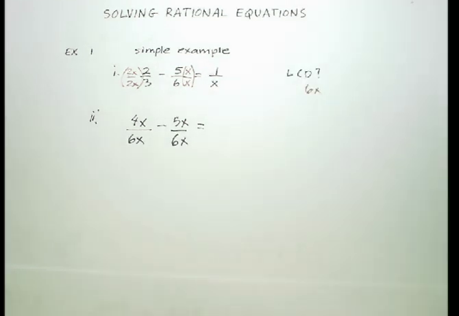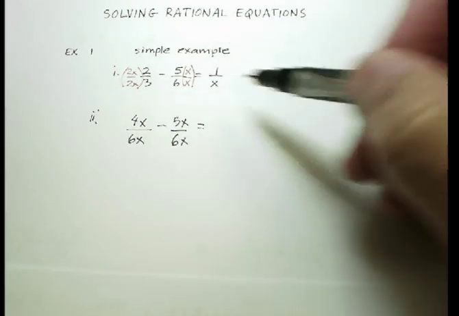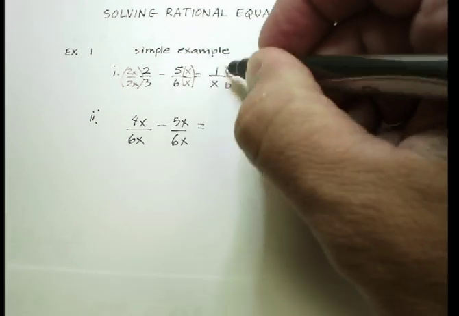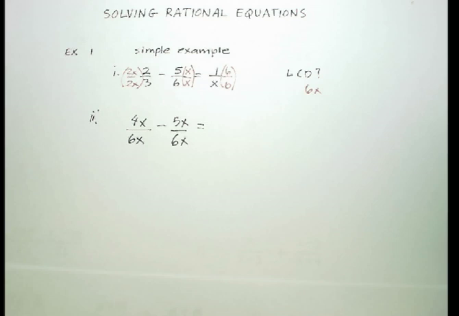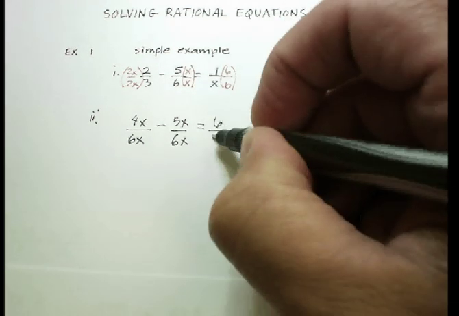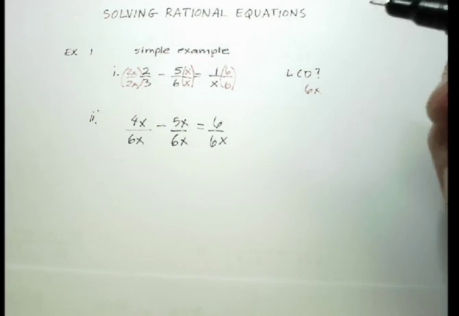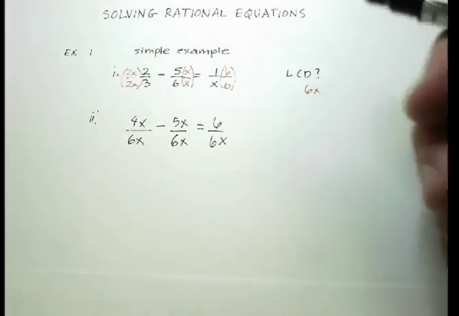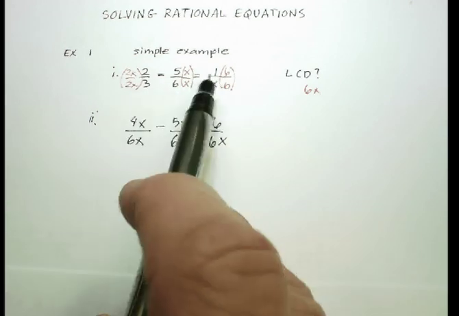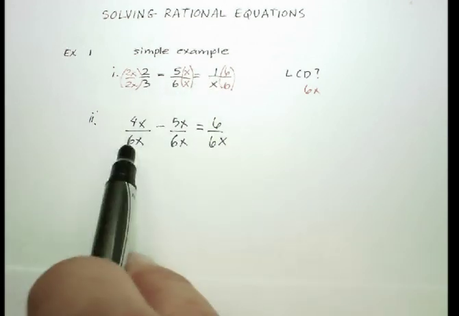What do I need to multiply this one by in order to make it equal to 6x? Well, the answer is just 6 over 6. And down here, I'm going to get 6 over 6x.